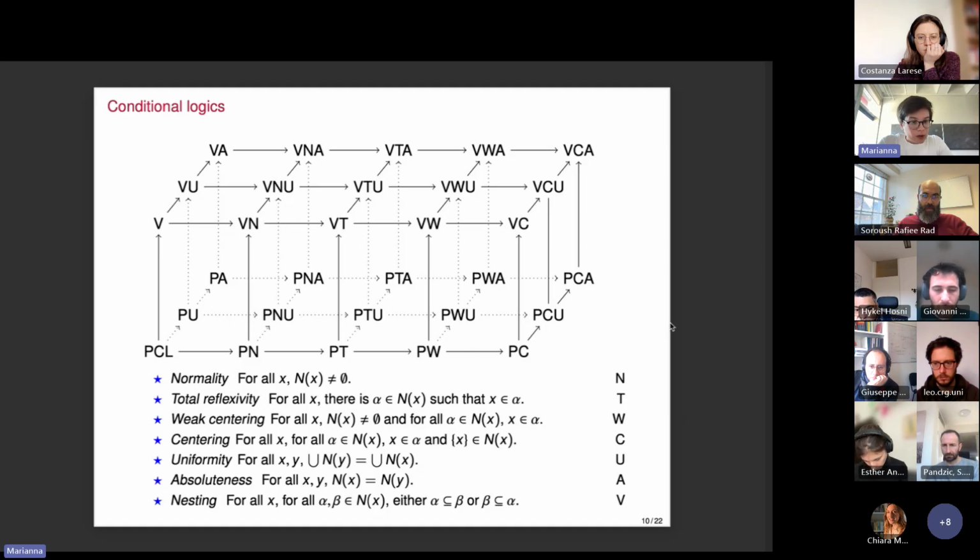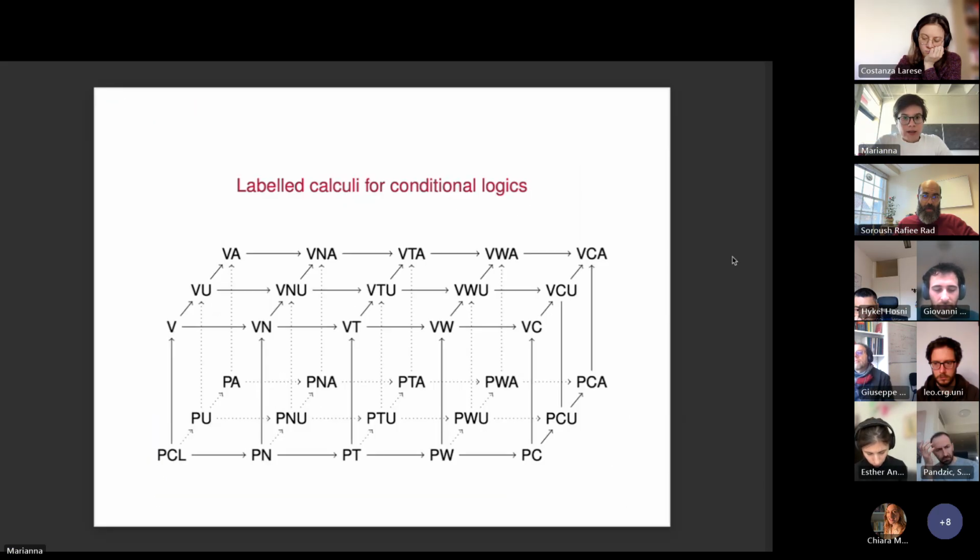I'm not really going to detail them, for the interest of time. But it's kind of similar to modal logics: you specify additional frame conditions and you get a family of logics. Okay, so this concludes the first part of the talk.